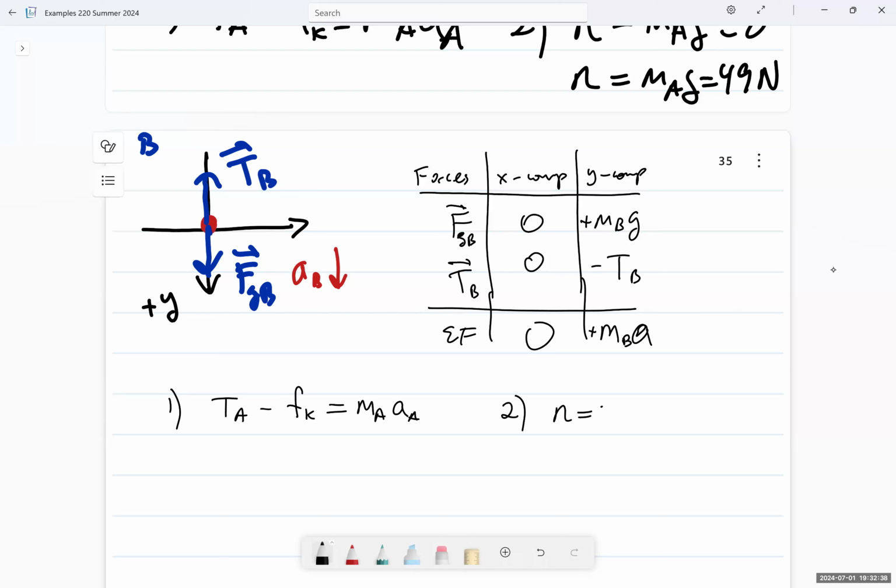Now I get another equation, right from here, and that will be MBG minus tension B equals MB times AB. So I get those three equations. Let me know if you guys have any questions on any of this.